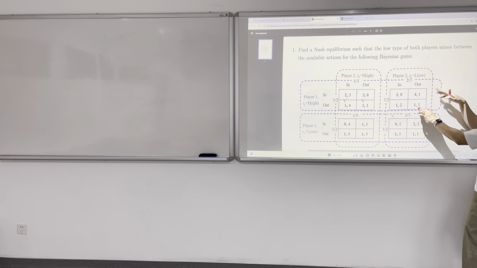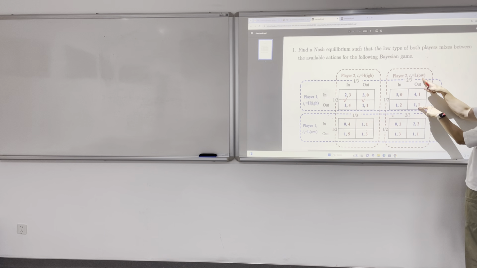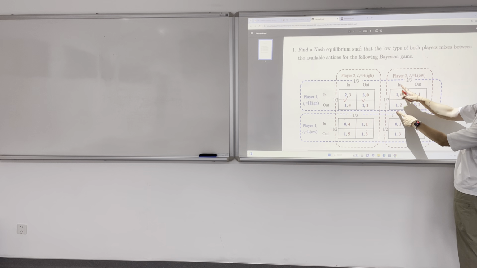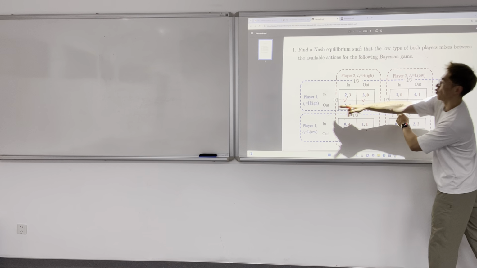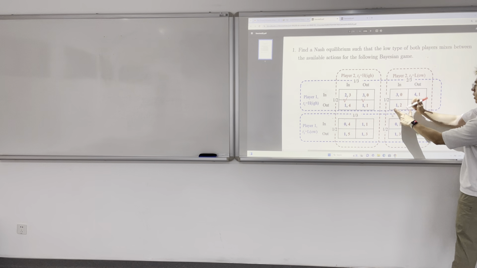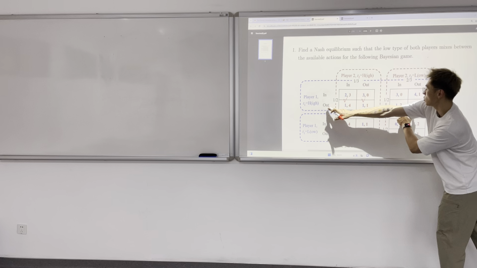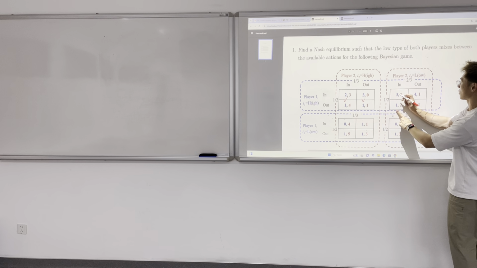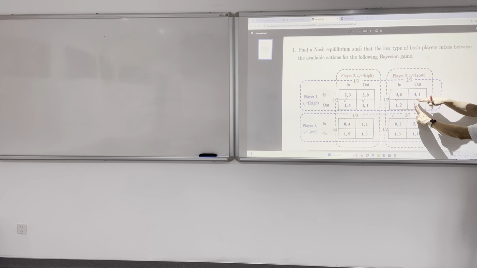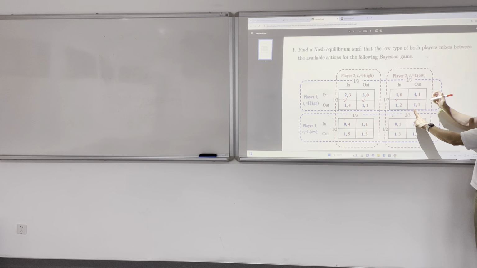And the same here, if the opponent is of low type and plays in, then for high type player 1, if he plays in, he gets 3. If he plays out, he gets 1. 3 is higher than 1, so in is still better. And equally, 4 is higher than 1.